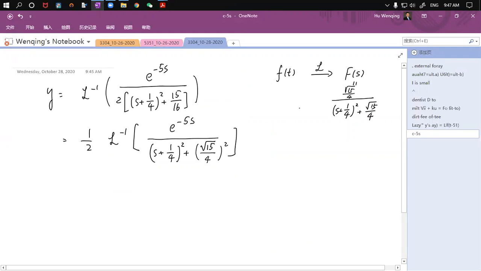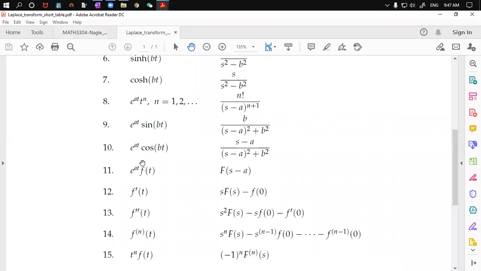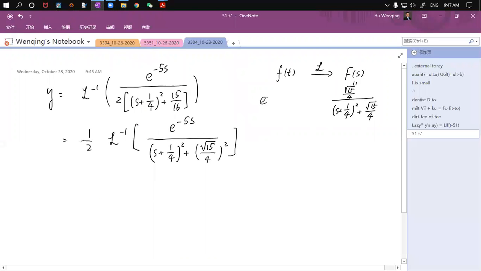Then f(t) is, according to line 9, e to the power of minus 1/4 t multiplied by sine of bt. So that's e to the power minus t/4 multiplied by sine of square root of 15 over 4 times t. That's going to be f(t). Is that good for everybody? Right? So that's going to be the relation.